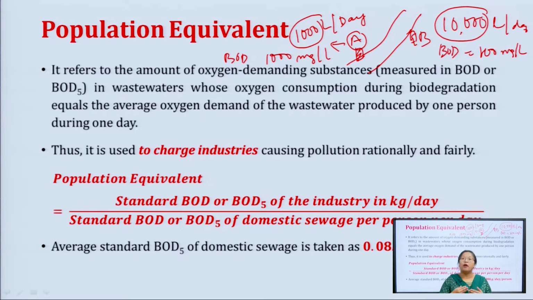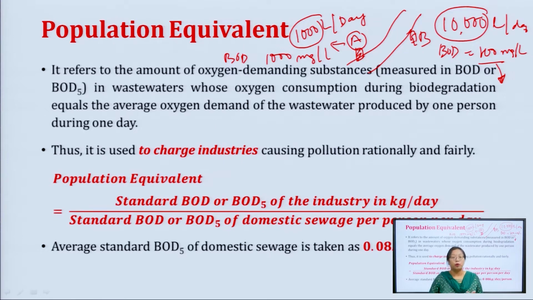But how am I going to charge? Should I charge A less because it is producing only 1000 liters, or should I charge B less because it is producing effluent with lesser BOD? I should be able to do things very fairly and rationally, right?